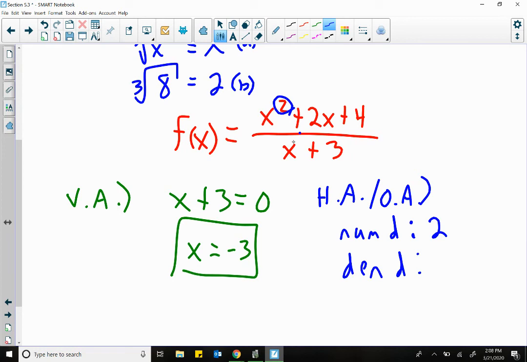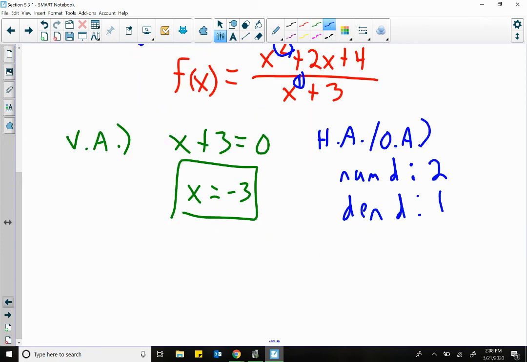The highest power is right here, which is that invisible 1. So the numerator is bigger than the denominator by 1, because 2 is bigger than 1 by 1. So that means we're going to have an oblique asymptote. No horizontal, it will be oblique.